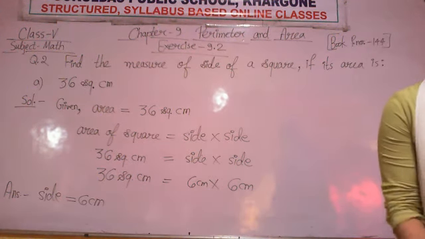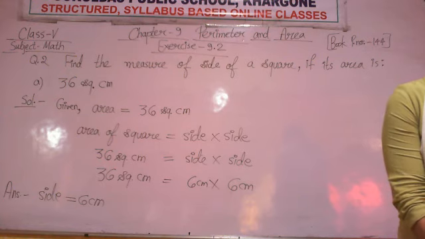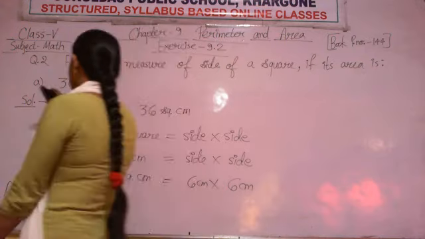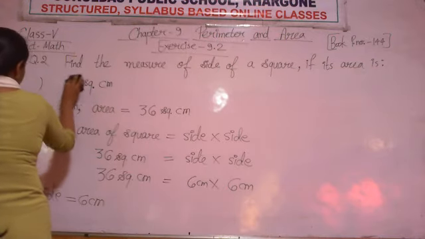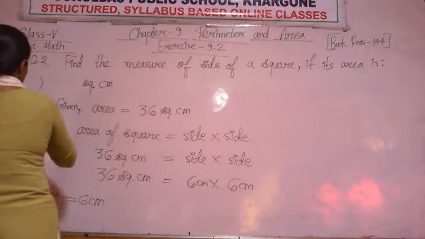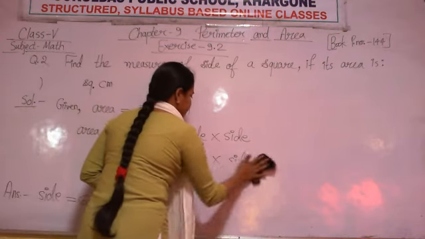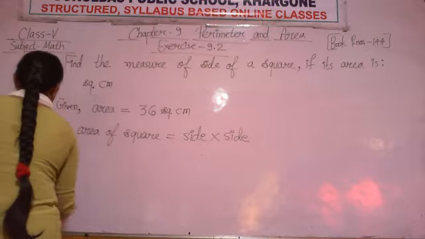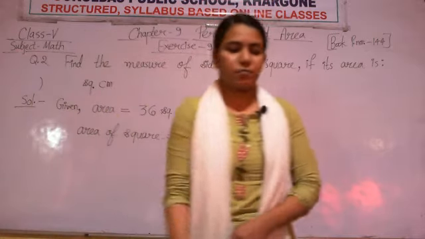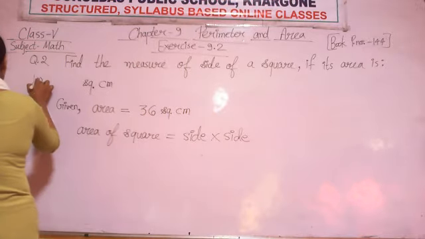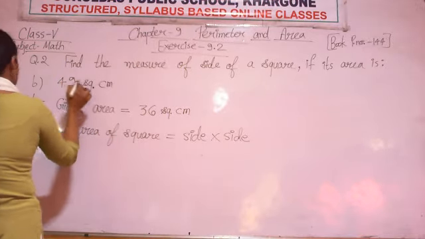Now next question, part B. Given area is 49 square meter.